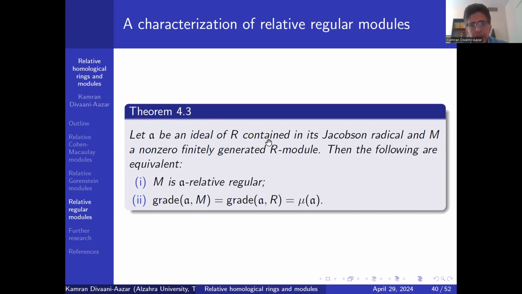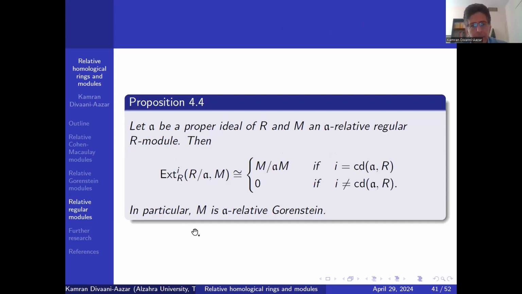Let A be an ideal contained in the Jacobson radical of R, and M a non-zero finitely generated R-module. Then the following are equivalent: M is A-relative regular if and only if grade of A and M is the grade of A and R, and it is equal to mu of R.